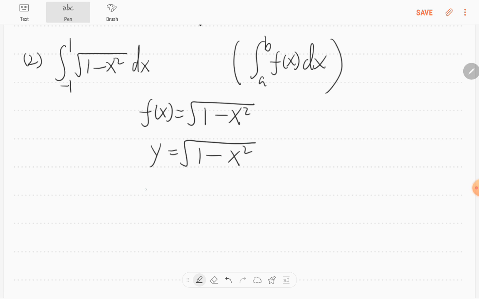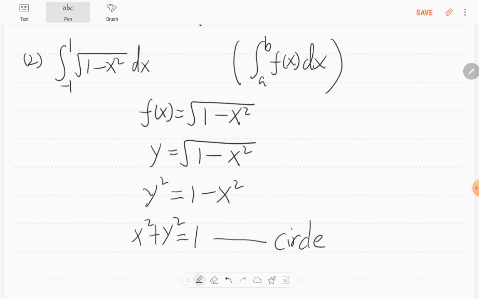If you square both sides, you will have y squared equals 1 minus x squared. If you are not familiar with this one, let's rewrite it as x squared plus y squared equals 1, which is a circle, right, with radius 1.